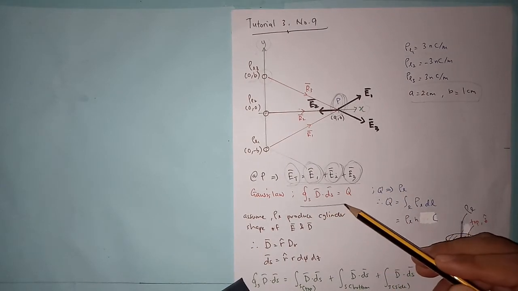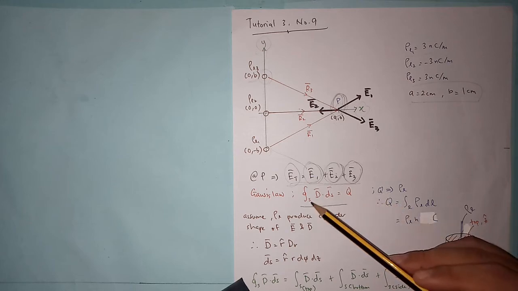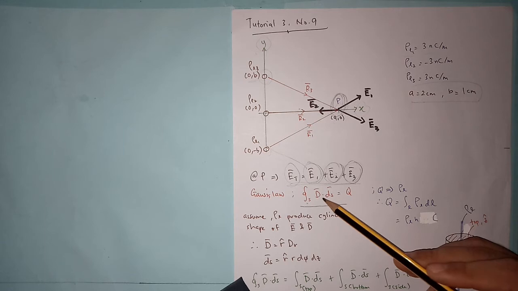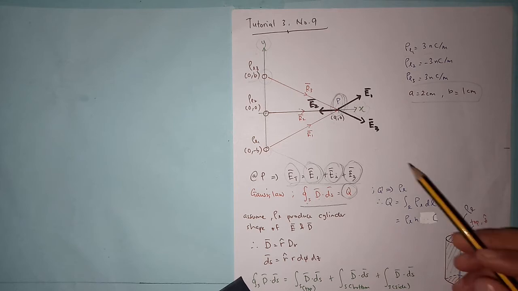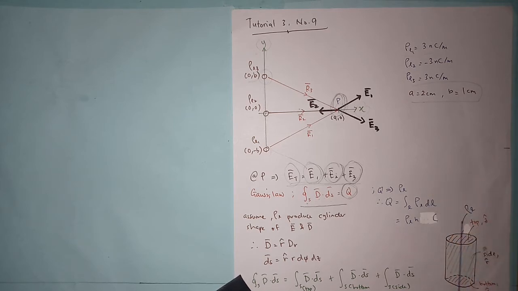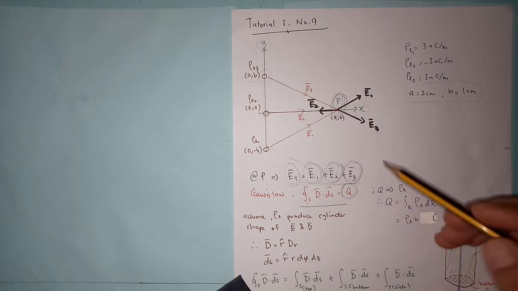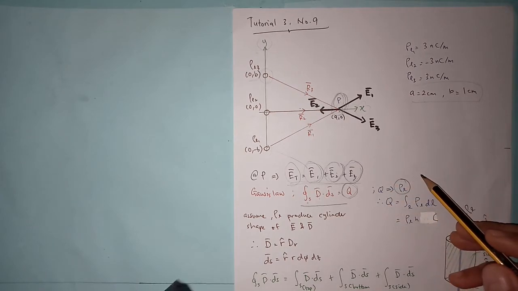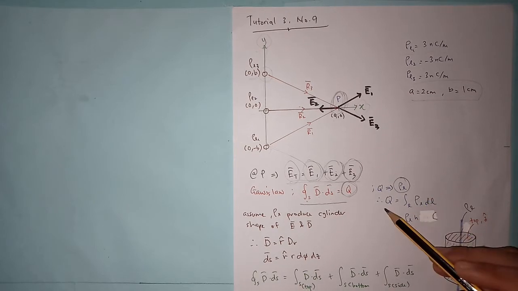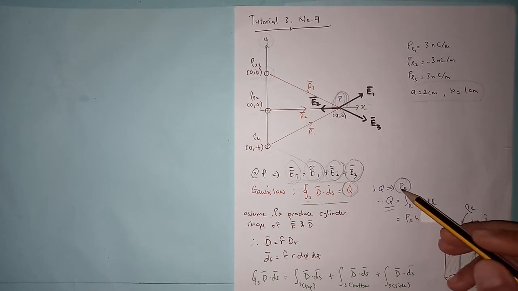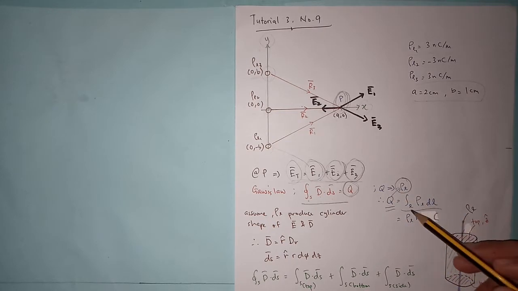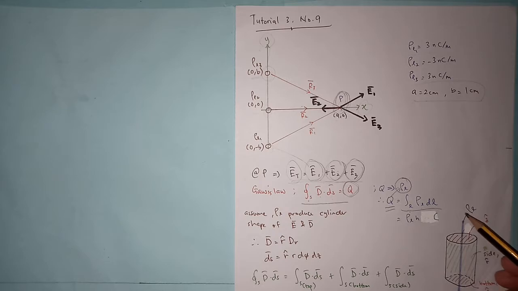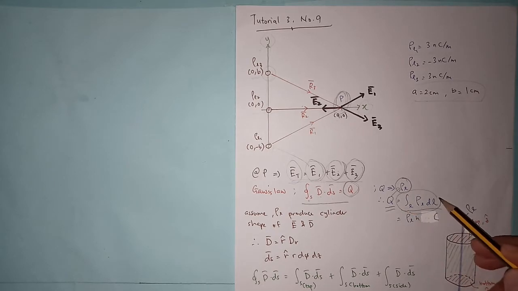This is the expression that represents Gauss law: the closed surface integral of vector D dot vector dS is equal to Q. Q is the total charge, and because in this question the charge is given using a density value, which is line charge density, we can find the total charge by considering the line charge density given by this expression, the line integral of rho L dl.